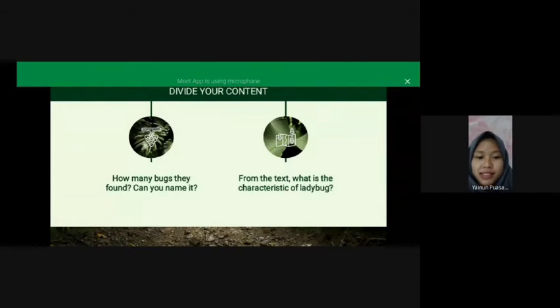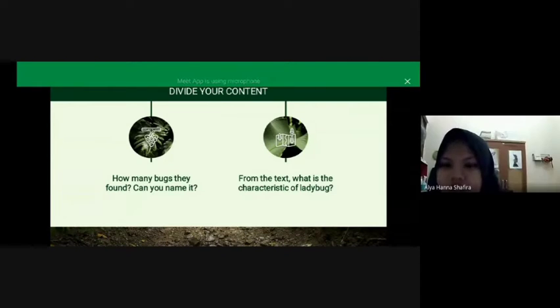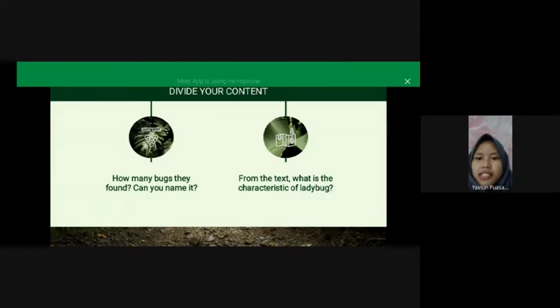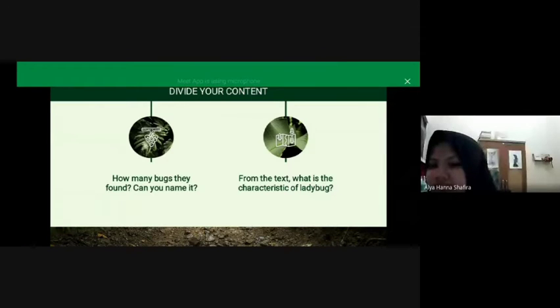Five, Miss. Yes, that's right. Can you name them? There is a ladybug, ants, bee, spider, and butterfly. Correct. And then the second question, does anyone want to answer?